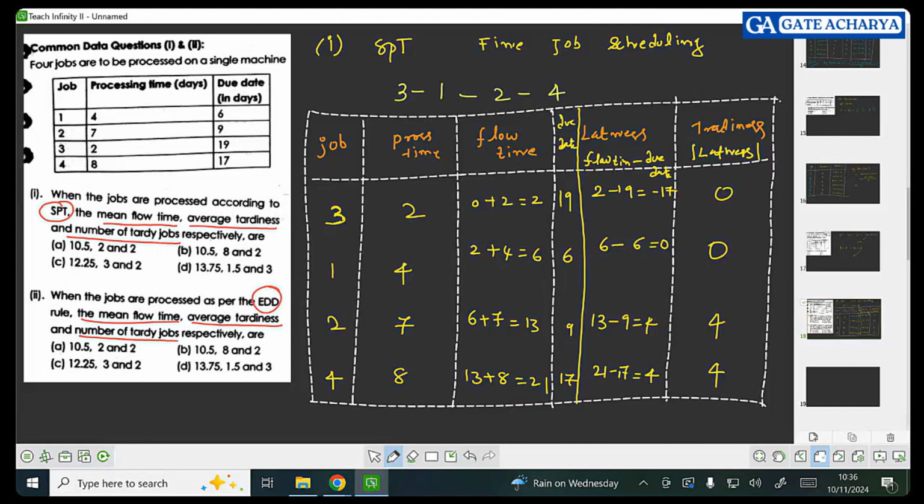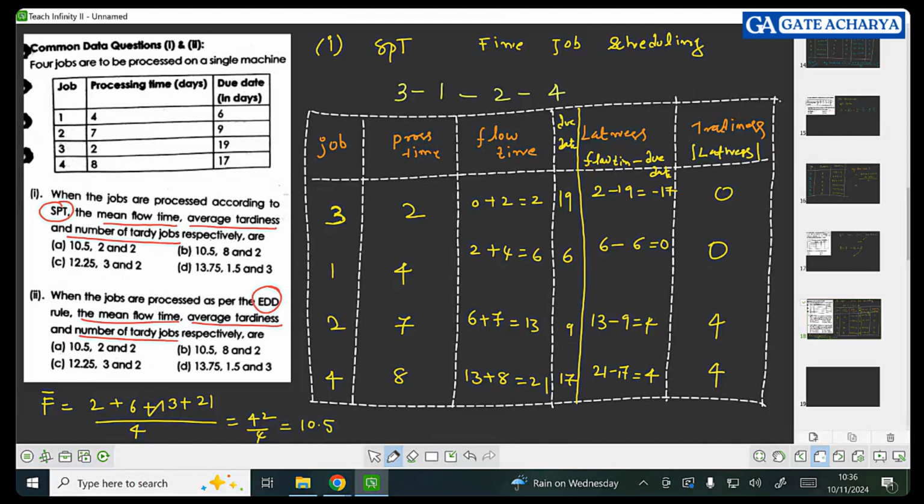Now let us find the average flow time, F bar. F bar is equal to the flow times of all jobs, 2 plus 6 plus 13 plus 21, divided by 4 jobs. That is 42 by 4, which is 10.5.